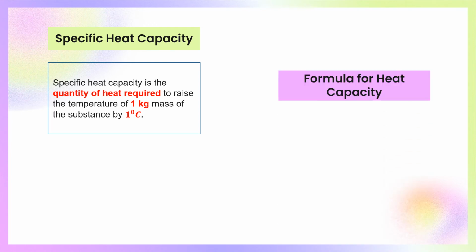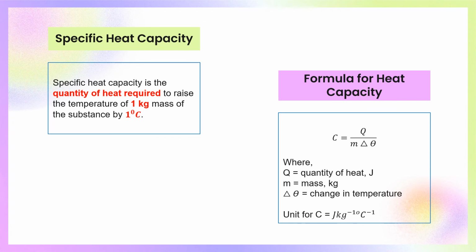The formula for specific heat capacity is c = Q / (m Δθ), where Q is the quantity of heat, m is the mass, Δθ is the change in temperature, and the unit for c is joule per kilogram degree Celsius.